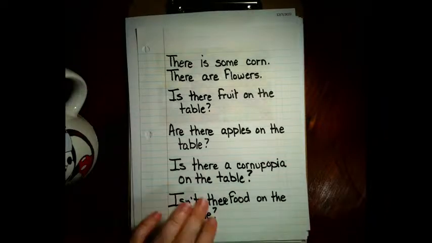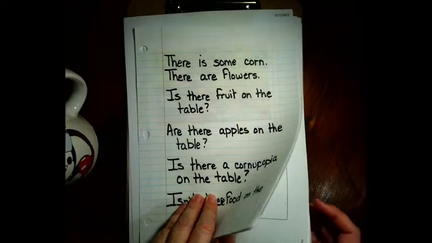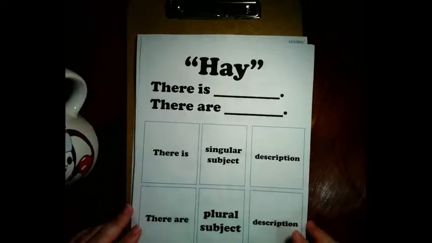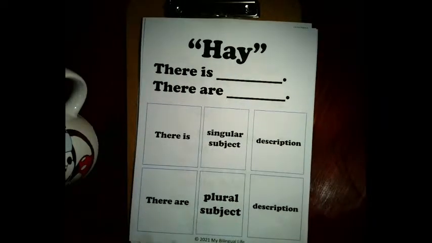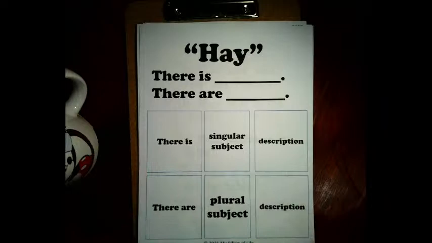So there's a lot of ways to use, in Spanish we have one word, hay. And in English, it can be there is, there are, is there, isn't there, are there, aren't there. So there's a lot of options for one word.